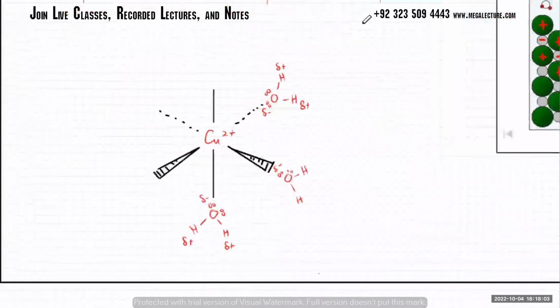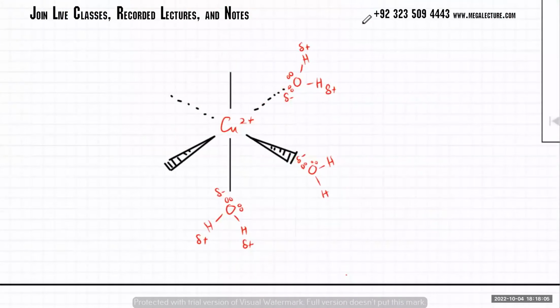So it's a Cu2+ ion that's getting surrounded by water molecules from all sides. Okay? Clear?